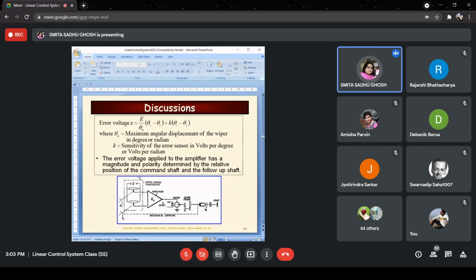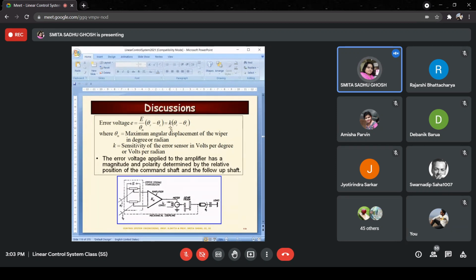Now, the maximum angular displacement is theta m, and because it's an angular displacement, the units may be either degrees or radians, but whatever it is, you have to specify whether it is in degrees or radians, because naturally a conversion has to be done if necessary. Now this constant K is defined as the sensitivity of the error sensor.